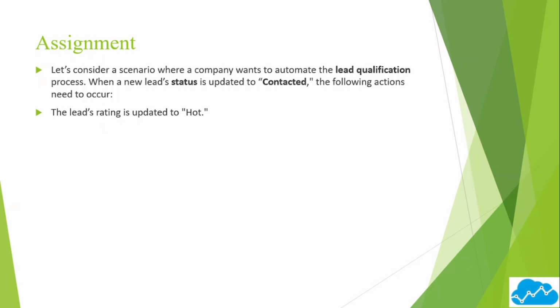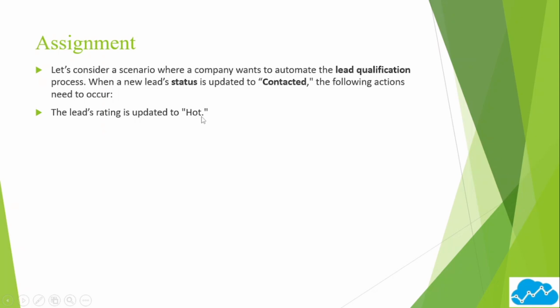On the Lead object, when a new lead status is updated to Contacted, if the status is modified for a particular lead, then the following action needs to occur: the lead's rating is updated to Hot. As soon as the lead status is changed, we update the rating of that particular lead to Hot.